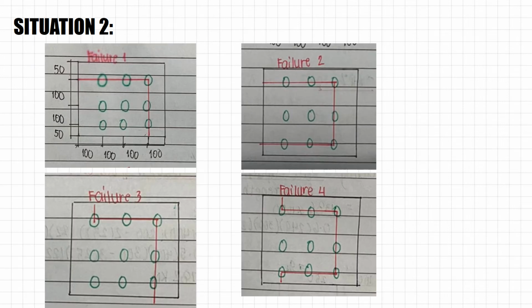So para sa number 3, meron tayong block shear capacity. Meron tayo ditong apat na failure. Yung failure 1, 2, 3, 4. So sa failure 1, anong nangyari sa kanya? Galing dito sa kaliwa, kumanan, tapos bumaba. Tapos dito naman sa failure number 2, galing dito sa kaliwa, kumanan, bumaba, tapos bumalik.